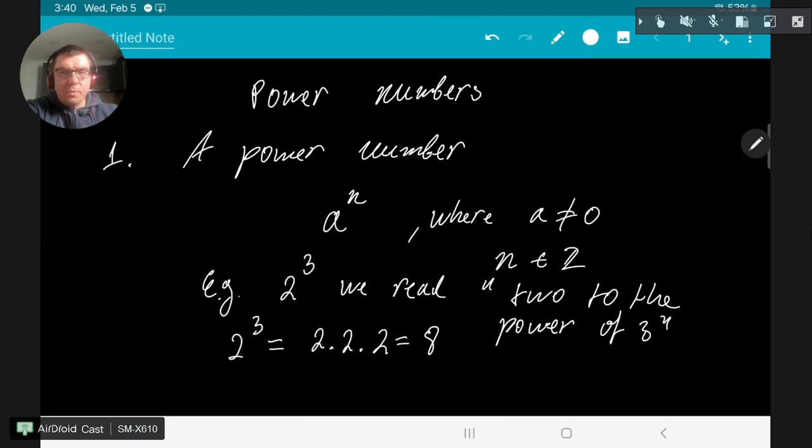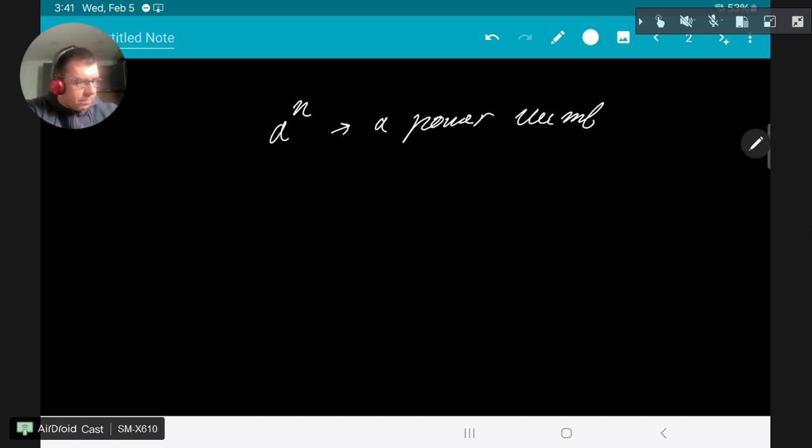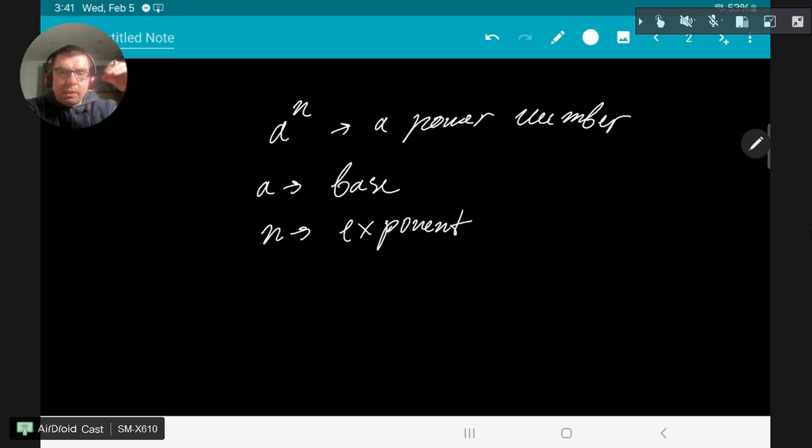All right, so if we want to make this a little bit more precise with the appropriate terminology, a to the power of n is a power number. a is called the base, n is called the exponent. The base is simply which number we are multiplying by itself, and the exponent means how many times we are multiplying that number by itself.